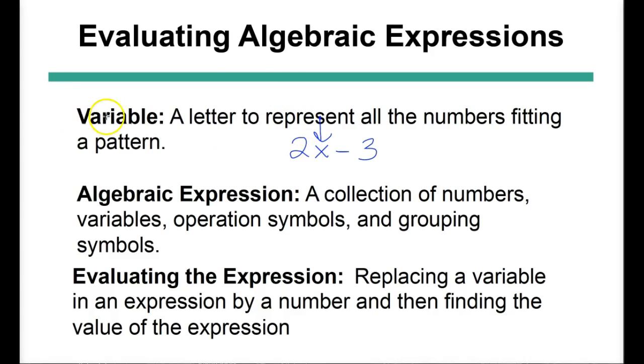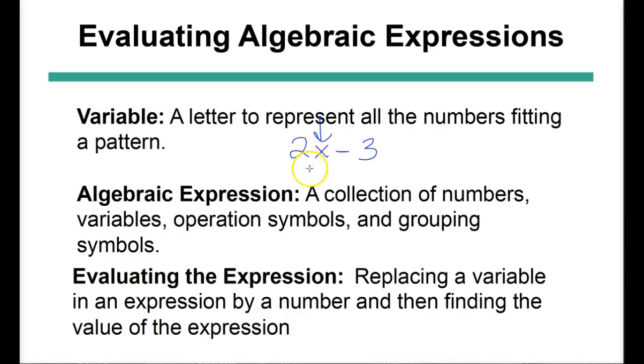So that is what the variable is. Variables are just placeholders to represent many different numbers that can go in there at one time. An algebraic expression is a collection of numbers, variables, operation symbols, and/or grouping symbols.